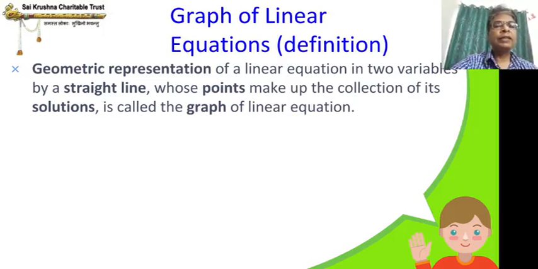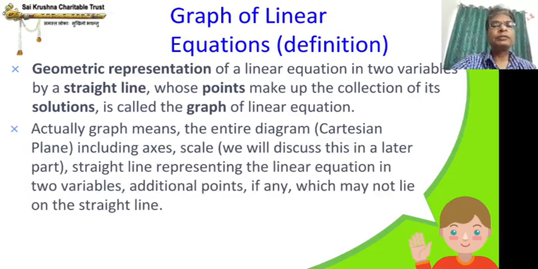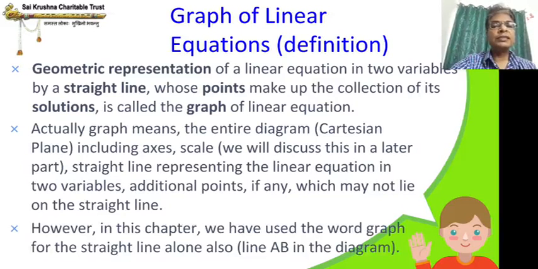The 3 notes you have seen, basically the brown and purple notes, make this definition. Actually, graph means the entire diagram, but normally in this chapter we will be using it only for the straight line. The second and third paragraphs are just notes; you can read through them after pausing the video and then we will move to the next page.